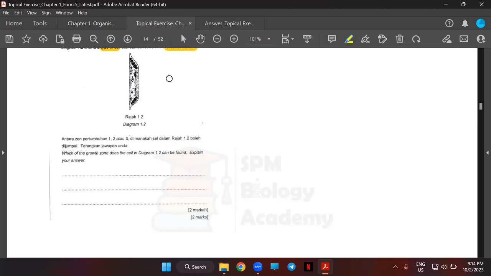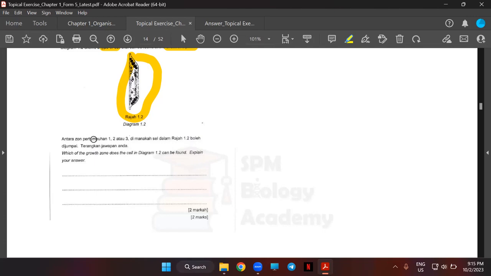So for your information, diagram 1.2 ni kita panggil xylem vessel. Salur xylem dalam BM. Of course, macam mana saya tahu, I don't want to tell you right now because this is from chapter 4. So, saya tak mau terang macam mana saya tahu benda ni xylem vessel. So, when we go to chapter 4, I will let you know. So, this is xylem vessel ataupun salur xylem.